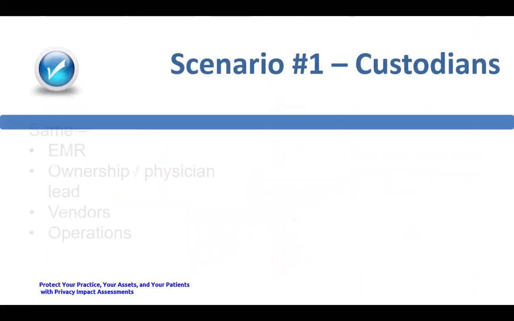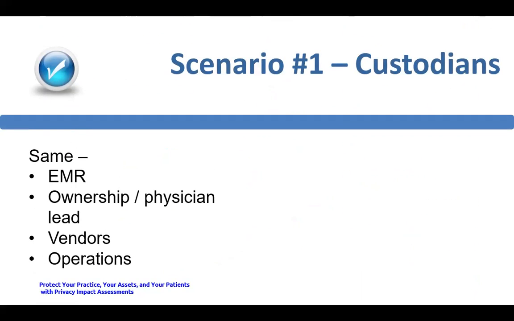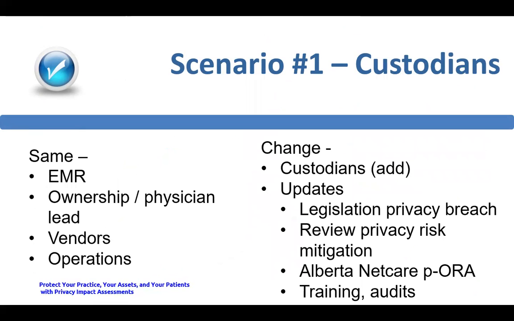So a common scenario is a change in custodians. So it is essentially the same clinic, you've got the same EMR, electronic medical record, you've got the same ownership, you've got the same vendors. Basically, you're doing business the same, but you've changed the custodians. Maybe you've added some additional custodians to your practice. So you're going to send a cover letter to the Commissioner's Office and say, we submitted a PIA in 2018.